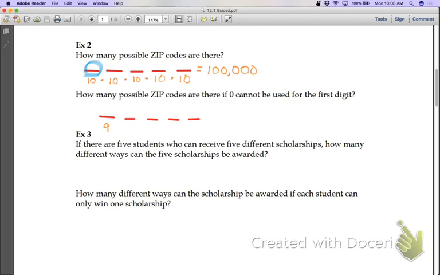So I'm just going to take 9 times 10 times 10 times 10 times 10 and do the same thing. So now I lost basically 10,000 possibilities and I'm down to 90,000.